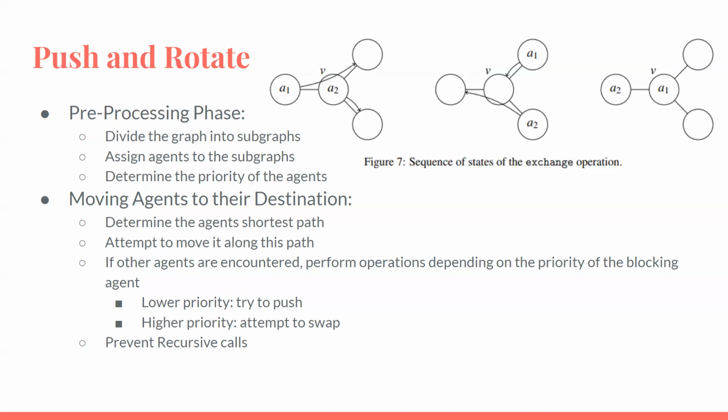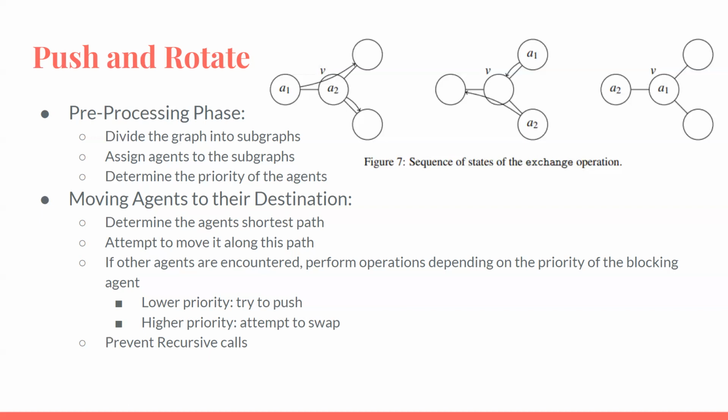If it's a higher priority agent that we're engaging, we need to move both agents to a vertex of degree 3 or greater. And then we have to clear the two neighbors in order to perform that exchange operation.